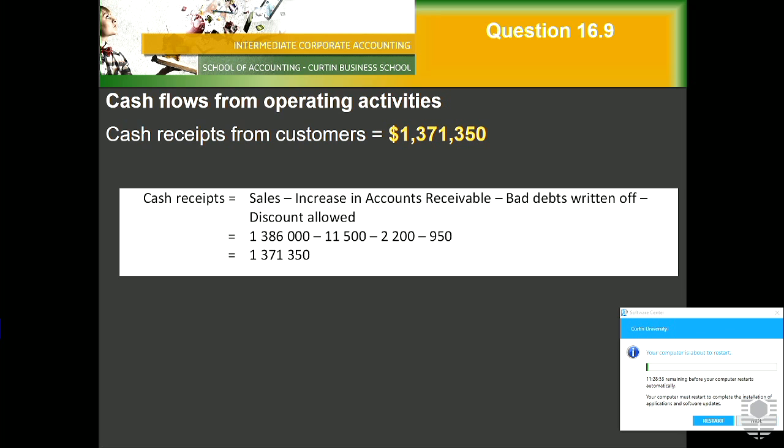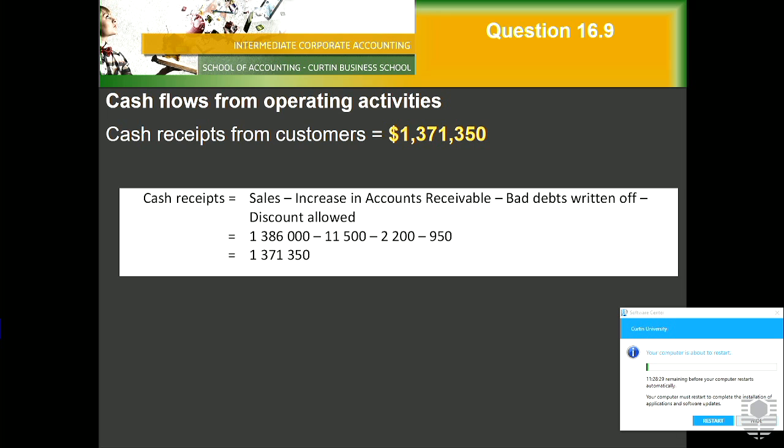It's the difference between your allowance for doubtful debts movement and your bad debts that's currently in there. So your bad debts expense is 2,800, and the movement in your allowance for doubtful debts is 600. So 2,800 minus that movement of 600 gives you the 2,200.